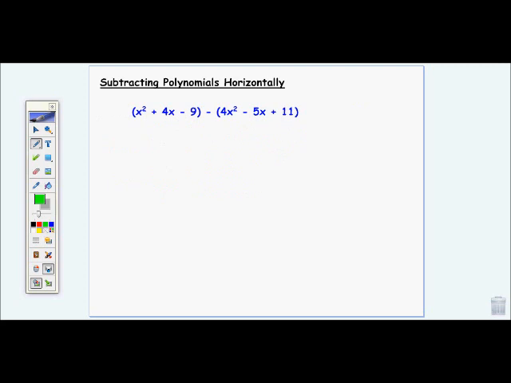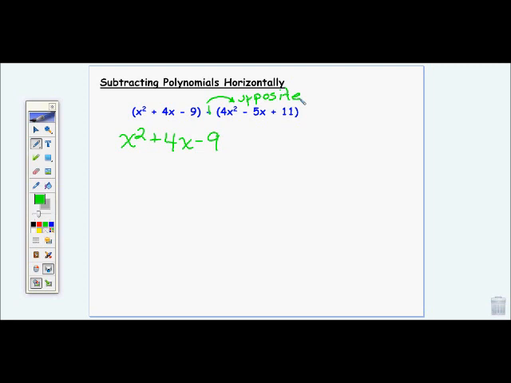Now, if you try to do this horizontally, again, just make sure you're watching your terms here. The first thing I would do, I am still going to rewrite this just so I have enough room to manipulate it. We're going to, again, add opposites. So I'm going to change every sign to the opposite.